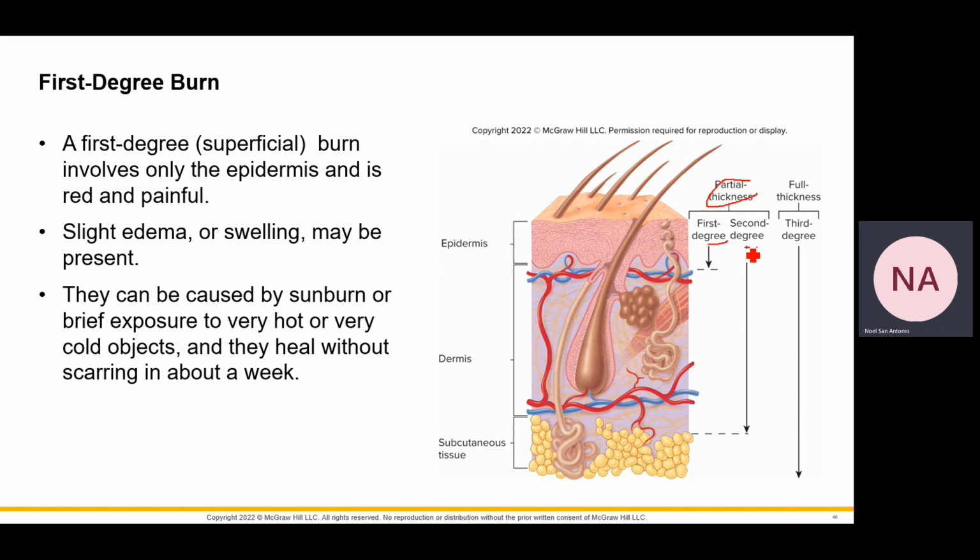Yung partial thickness is also known as superficial burn, wherein yun din yung first degree, wherein only the epidermis is affected. Epidermis lang affected. Pero mapula na yan. Pero masakit din yan. And it is exemplified by sunburn.